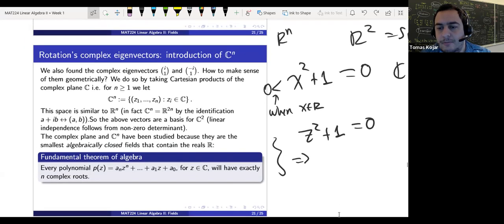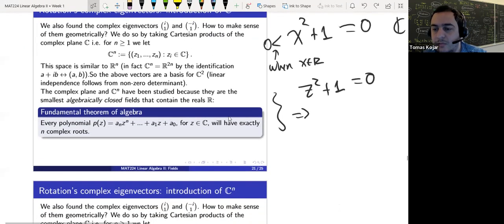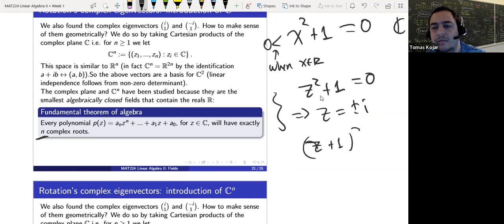Okay, so we have z squared plus 1, and the roots are z equals plus minus i. So what's the point? The point is that if you give me any polynomial over the complex numbers, it has exactly n roots. Of course, they can be repeated, like z squared plus 1, all squared.